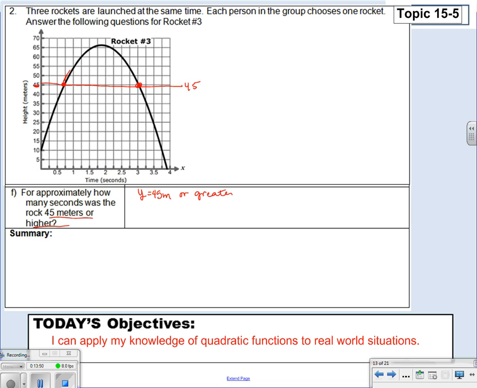Anything above this is going to be higher than 45 meters. I can see that the time, coming down, is 0.75, and 3 is my other number. To find how many seconds, I need to know how many seconds pass between them. We'll do 3 minus 0.75, and that'll give us 2.25 seconds.